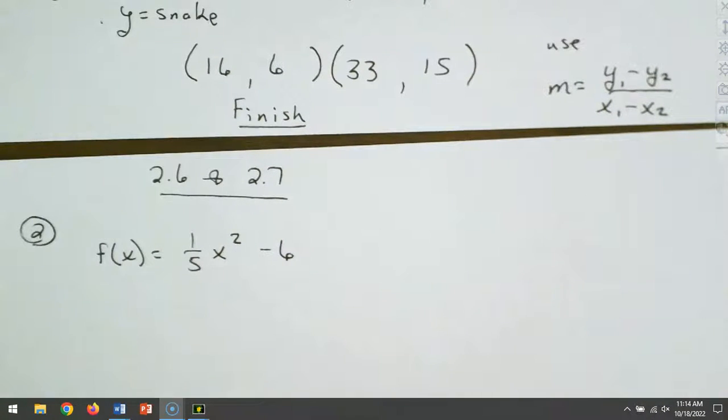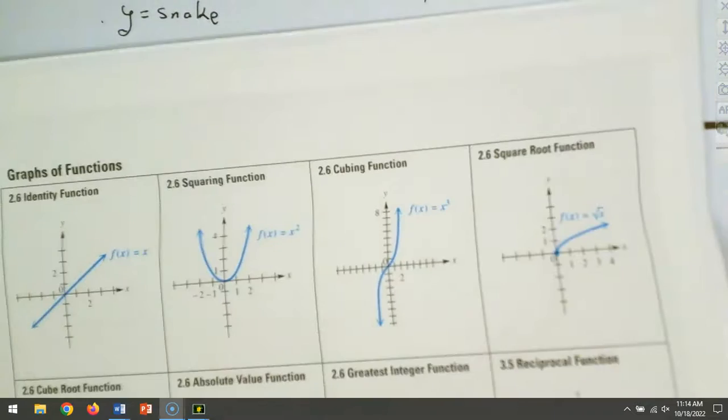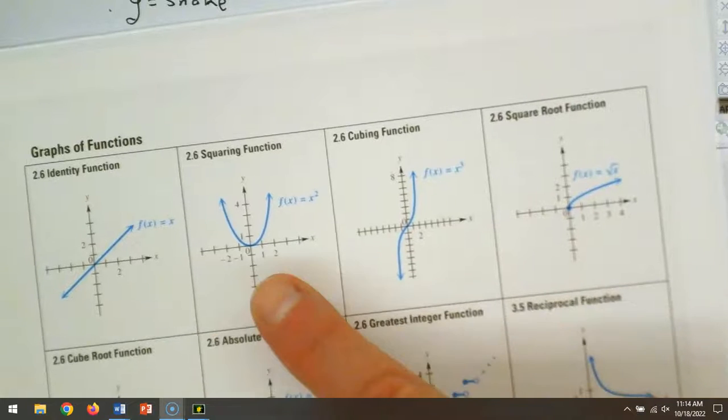So what we're going to do is graph this one out, and then we're going to determine which one is the correct answer. So when we look at this, we have to figure out what the graph is going to look like. It's an x squared, right? So what does the graph look like? It should look like that.